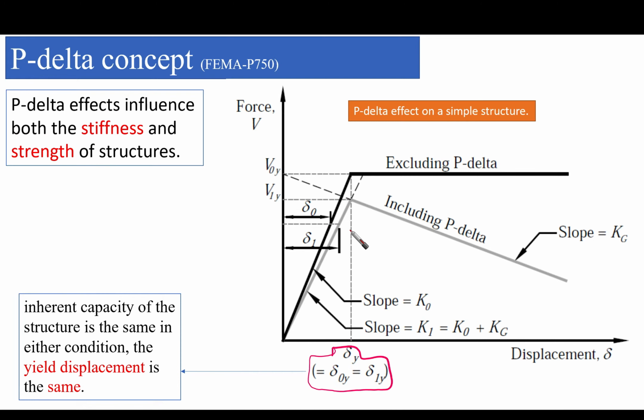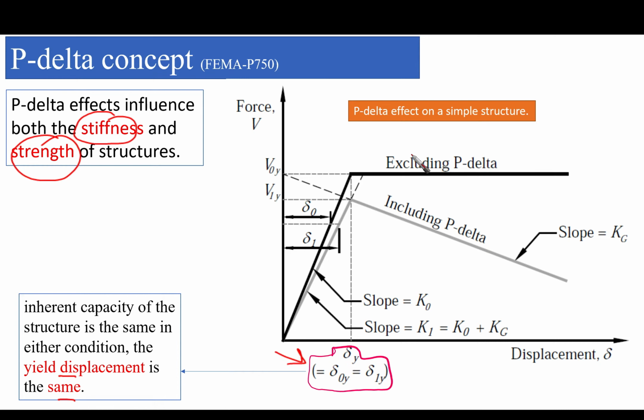So first, stiffness and strength are going to be changed due to the inclusion of P-delta, and at the same time the yield displacement would remain the same. Okay, this is what we can understand from the inclusion of the P-delta on the system pushover curve.